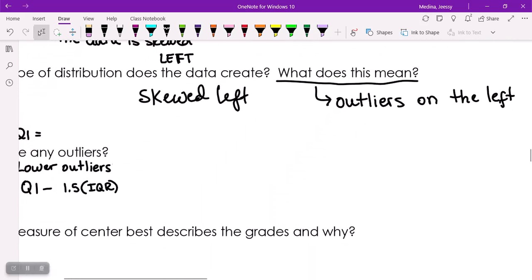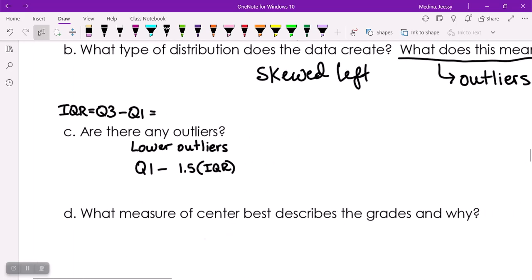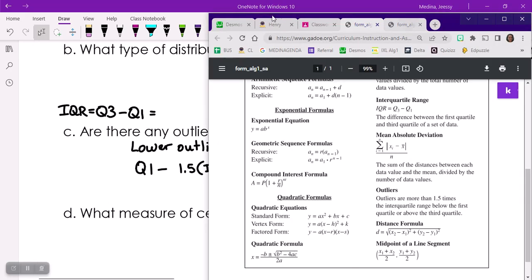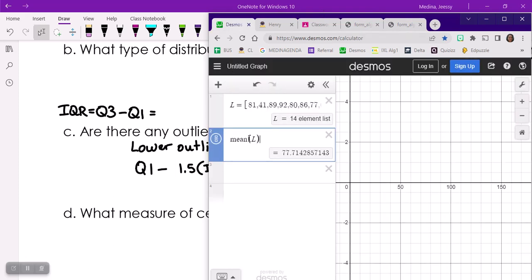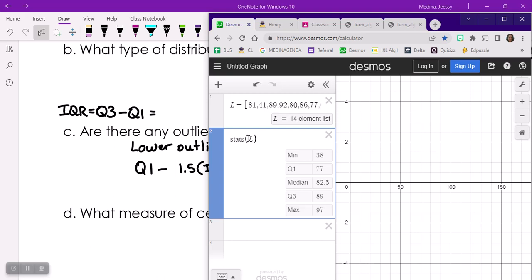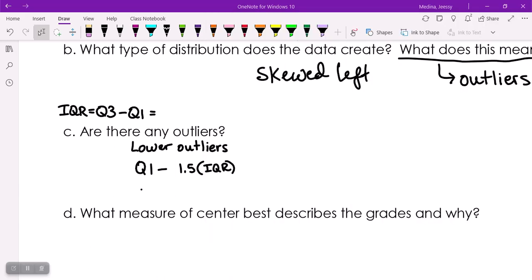How do we know this? Okay, wait, I have to put it on the video. Okay, so stats. Q3 is 89 and Q1 is 77. So 89 minus 77 is how much?